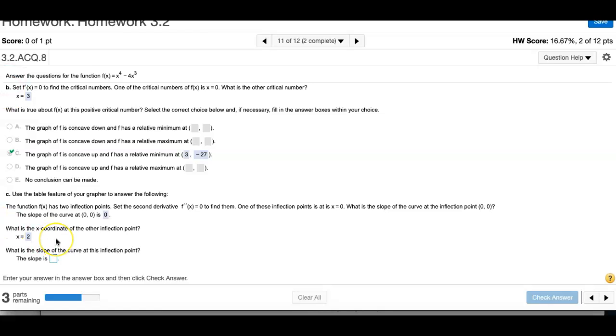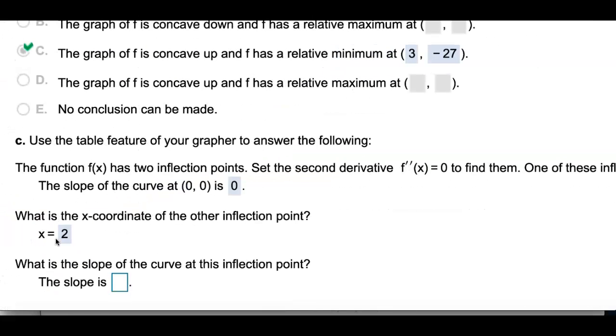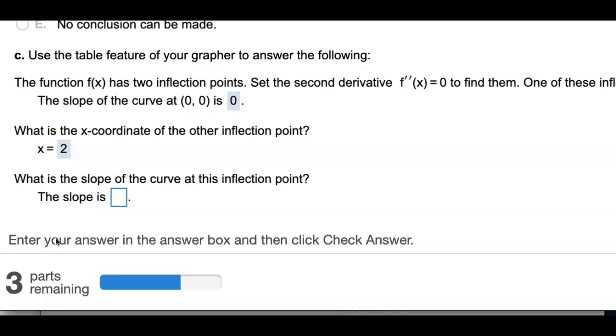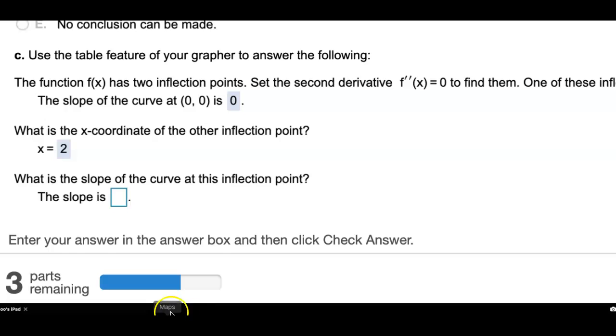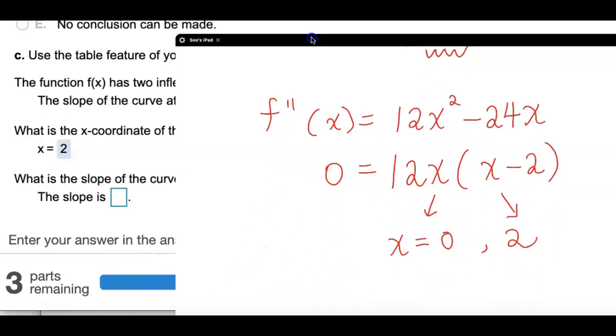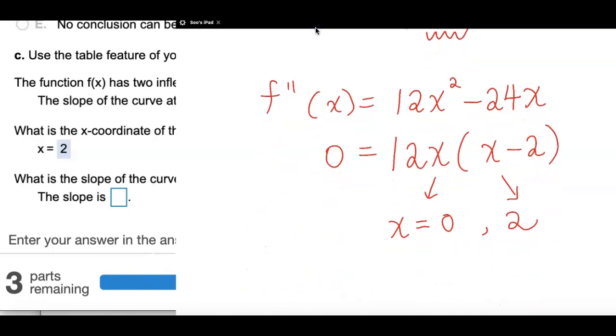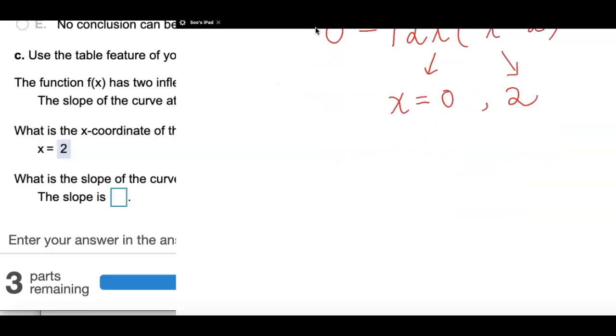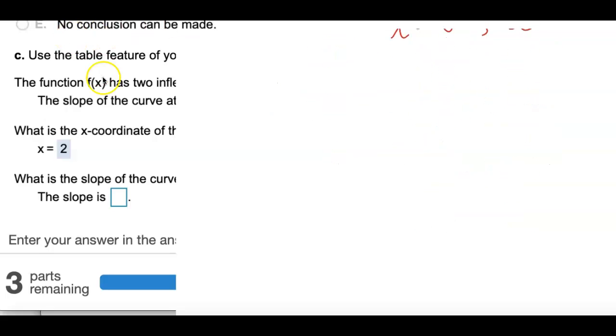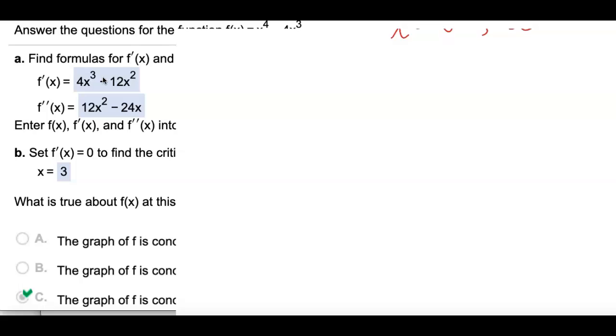Okay, so next question is asking, what is the slope of the curve at this inflection point? They want the slope, which means I now need to plug in this 2 into the first derivative. What was the first derivative? Go ahead and find that real quick so that I can plug it in.